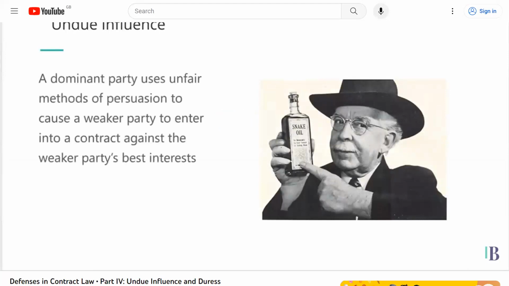Undue influence means that a dominant party uses unfair methods of persuasion to cause a susceptible, weaker party to enter into a contract. That contract is an agreement that is against the weaker party's best interests.